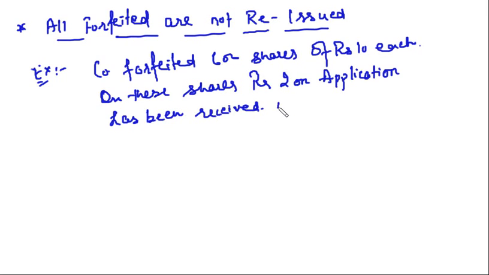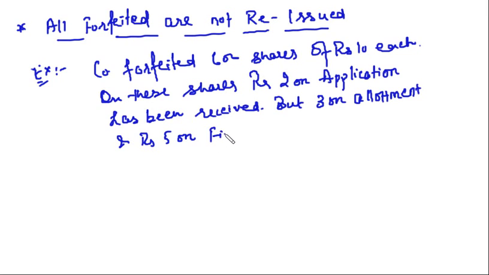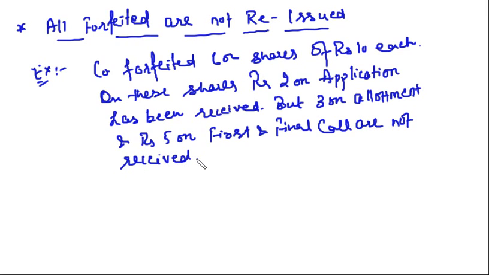But rupees 3 on allotment and rupees 5 on first and final call are not received. Clear? Try to understand this much, that a company forfeited 600 shares of rupees 10 each.